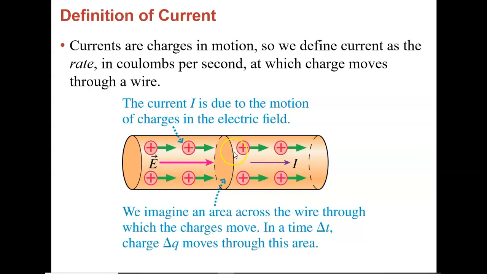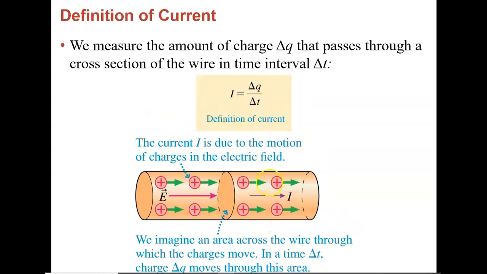If you ever looked at water flow, it's how much water passes by a given point in a given amount of time. So current is the number of charges divided by time, the rate of charge over time that passes a given point.